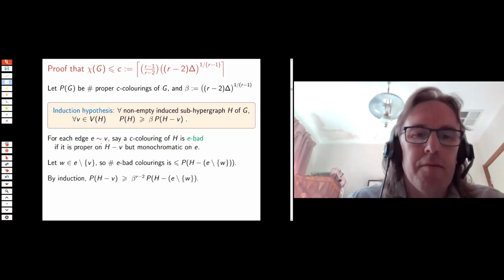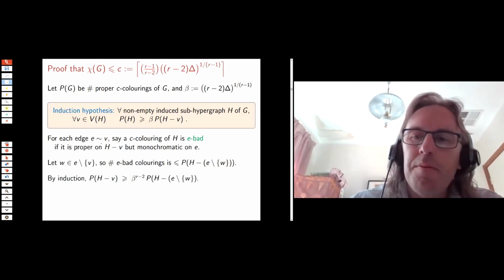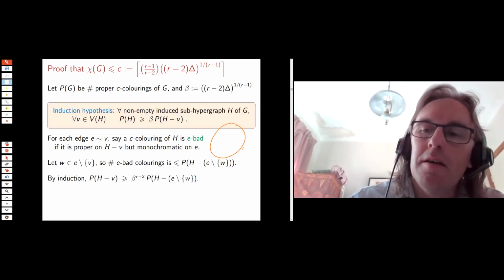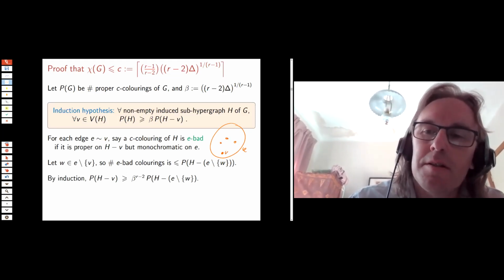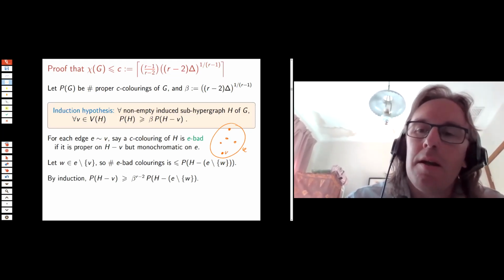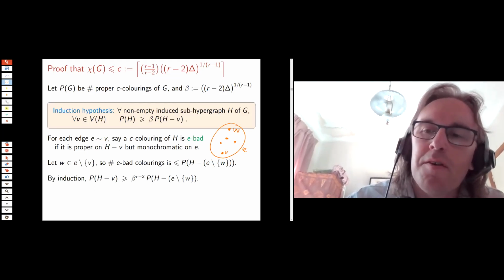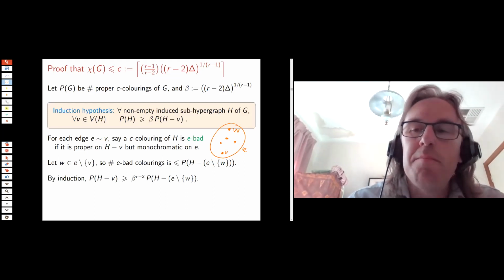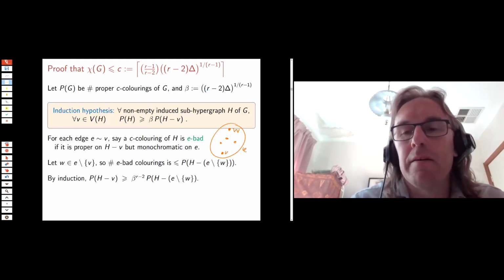And now probably here's the key observation of the proof. Let's suppose, let's draw a picture. We've got an edge E, and here's a vertex V in here. So there's a bunch of other vertices. Now, I pick one vertex W, which is not V, but it's in the edge E. And I want to care about how many bad colorings are there, E bad colorings.